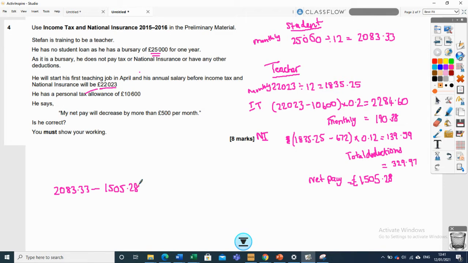That gives you a number of 577 points. It's actually 578.05. So yes, he is correct. I'll make the mark scheme available so you can see where all the marks came from on that one.